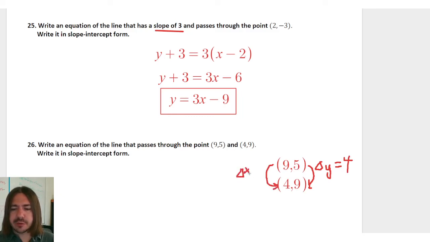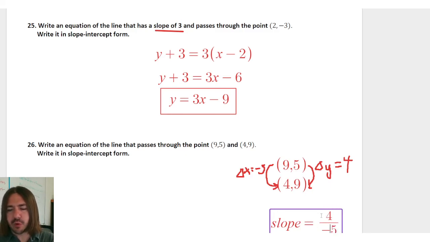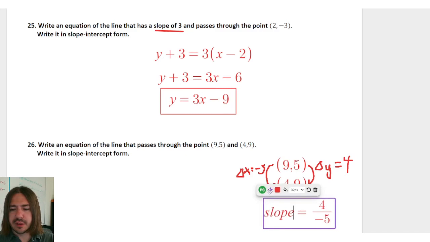So my delta x, or my change in x, is minus 5. That means my slope, which is change in y over change in x, is 4 over negative 5, or a better way of saying that would just be negative 4/5. It means the same thing.